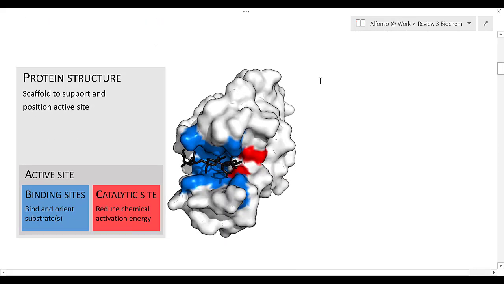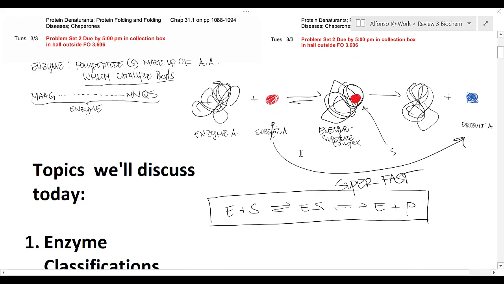Okay, so this is a protein. More specifically, it is an enzyme, and the way we know that is because it has a binding site, that's this blue part right here, and it has a catalytic site. If a protein has a catalytic site and a binding site, that pretty much means that it catalyzes a reaction, just like what we saw over here.